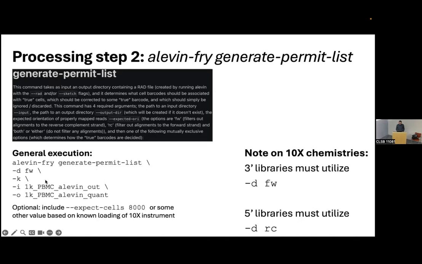And related to the question a few minutes ago, we specified -k here, which is the knee-based method. I believe they do have some other possibilities here, including something like expect cells with a number, or there are some other options that we can specify as well. So this would be really based on what you know to have been loaded and isolated on the 10x instrument.